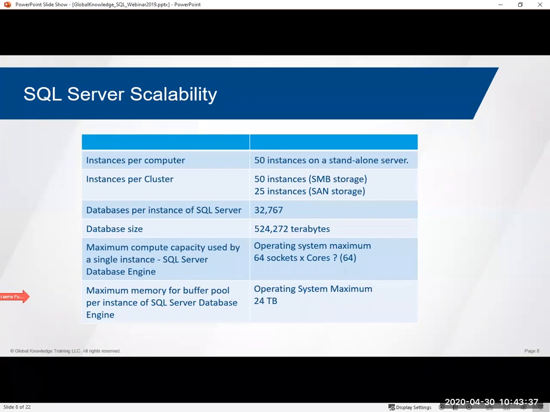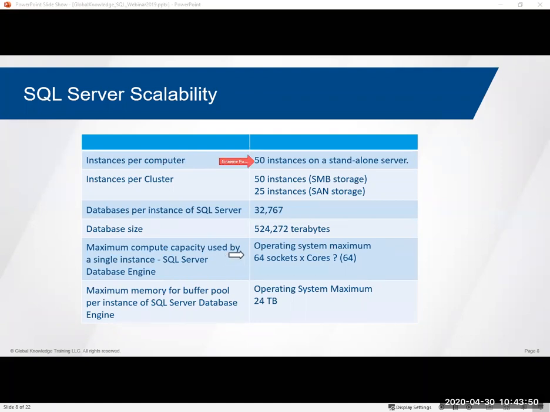When we take a look at general scalability of an SQL Server instance, specifically for an on-prem implementation and/or a virtual machine implementation in Azure, a single physical server can support up to 50 instances of SQL Server. Within a cluster, we can have up to 50 instances depending on the storage mechanism that we're using.